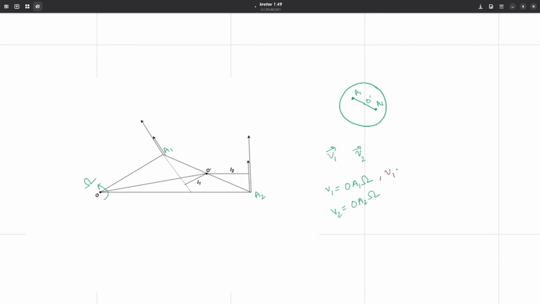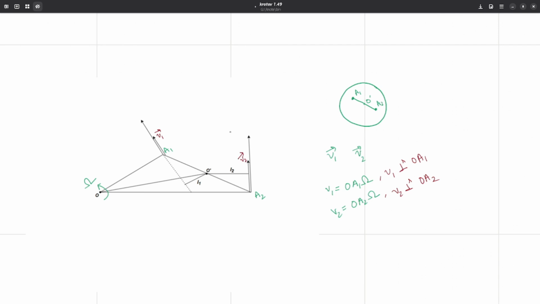So V1 is perpendicular to OA1 and V2 is perpendicular to OA2. Hence we get the velocities V1 and V2.